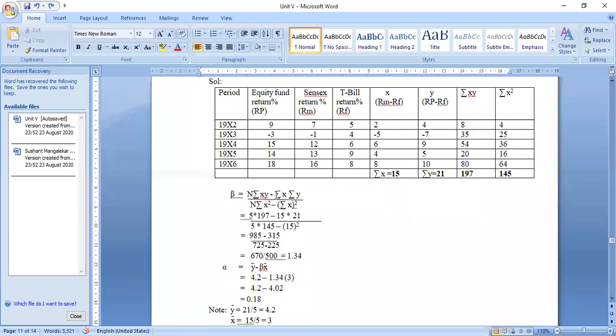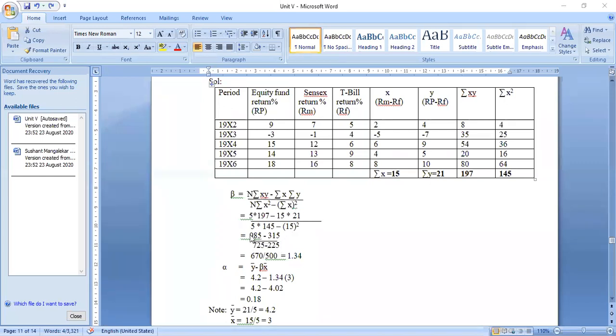Here I wrongly substituted it as 5 into 15 and 5 into 21, which was not required, but the value is correct, 315. Divided by 5 into 145, which is 725, minus 15 square, which is 225.